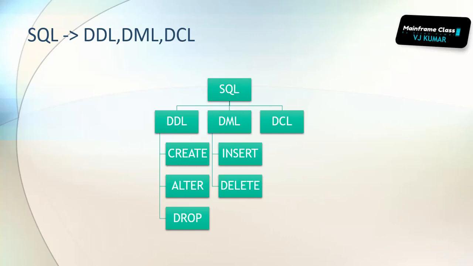I'm taking a live, simple example of a building itself, right? When you want to construct a building, first you purchase a land, then you define the properties, you have a plan, and then you start constructing it, right? That comes under data definition.